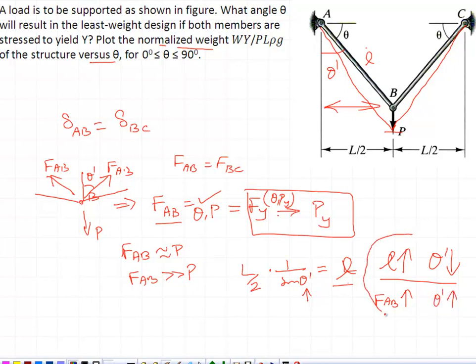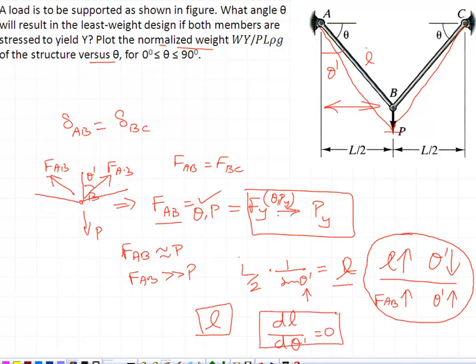So we have this trade-off that we see here. So we write down these equations and we optimize for the length l, so that we find what dl by d theta prime is equal to 0. And this will be the optimized design.